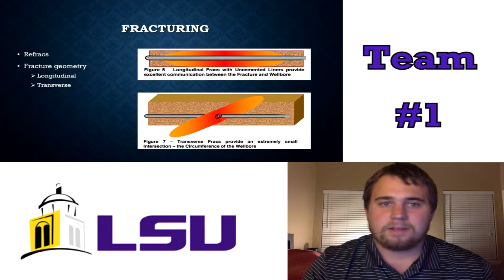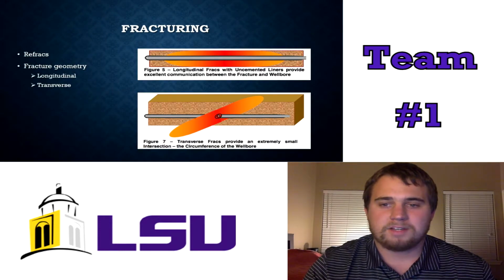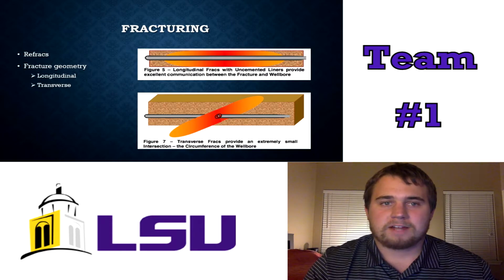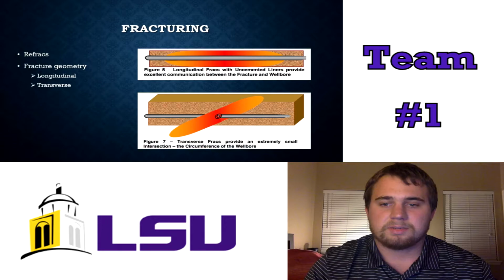As you know, the Bakken Formation is a very tight formation that requires a lot of stimulation to maintain production levels. This is where fracturing comes in. There are two types of fracture orientations that we typically see when fracturing a well: longitudinal fracs and transverse fracs. Longitudinal fracs are ideal because they cover a very large portion of the reservoir.